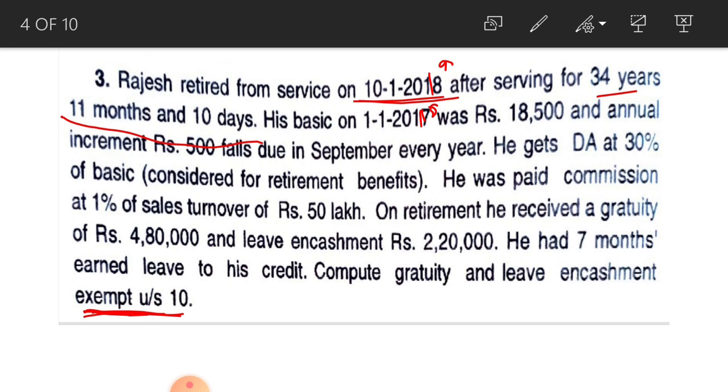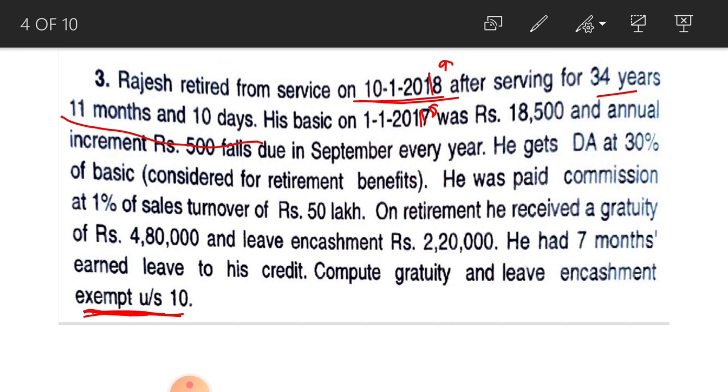That means he is getting increment, that is 19,000 basic, in the month of September, October, November, December and 10 days in January. For the rest of 6 months in case of gratuity calculation, he is receiving 18,500 and for 5 months 20 days in case of leave encashment, without increment 18,500 he is getting. Let us calculate this while solving the problem.